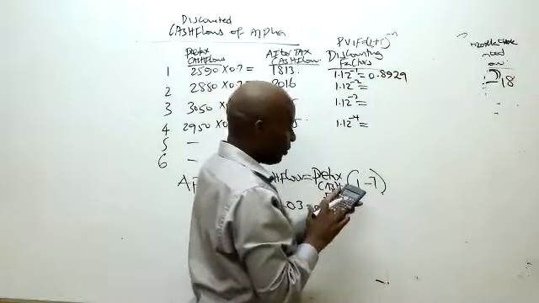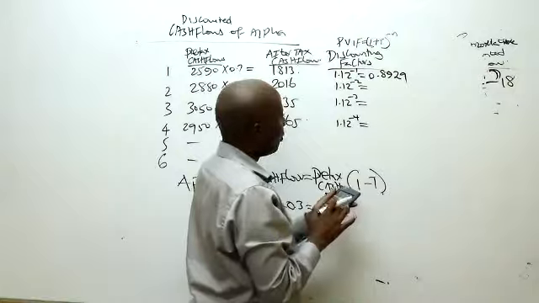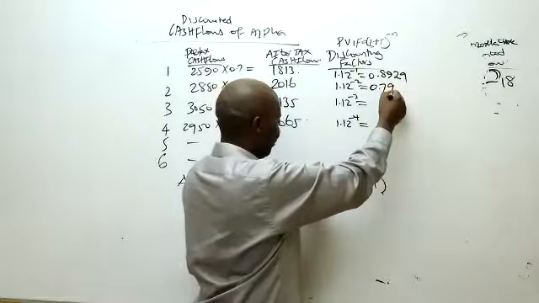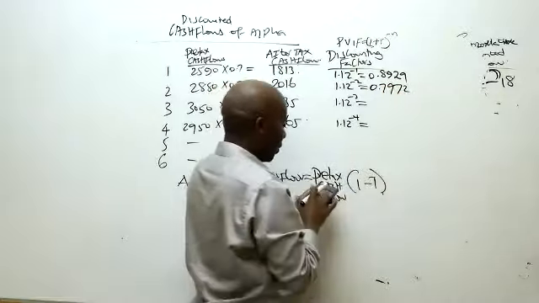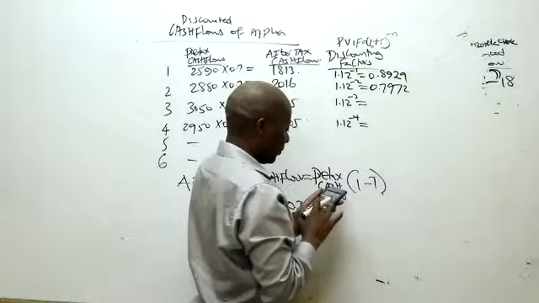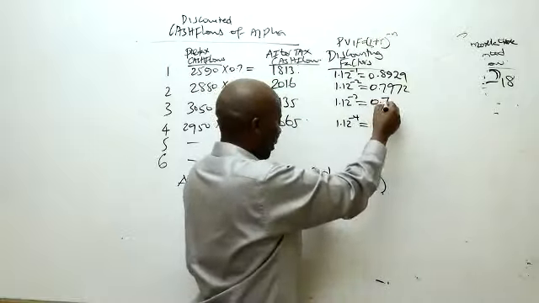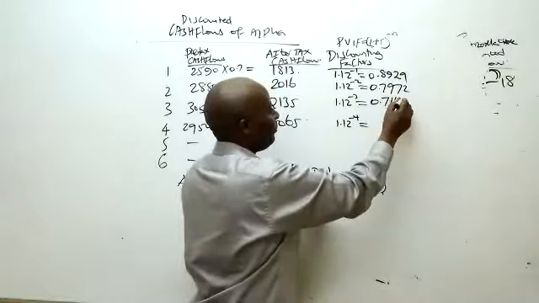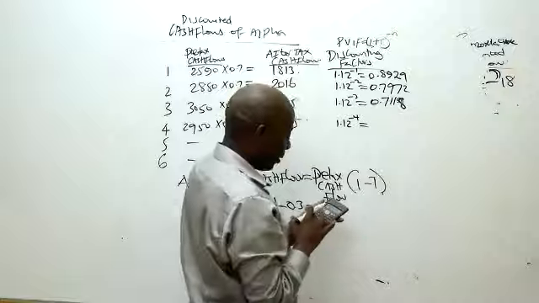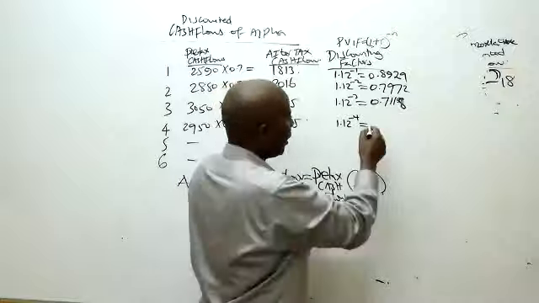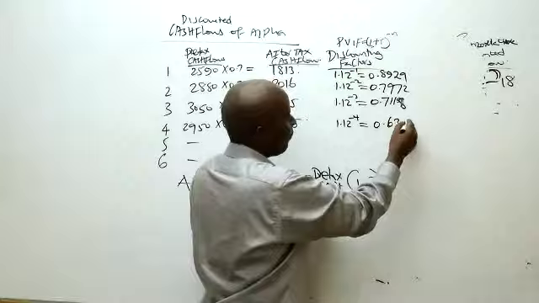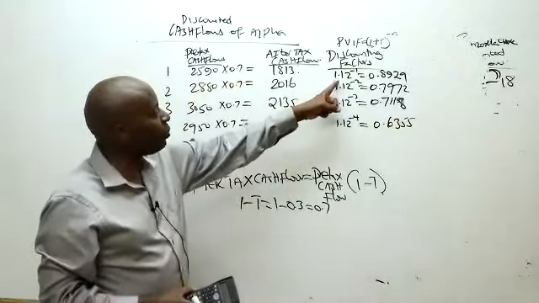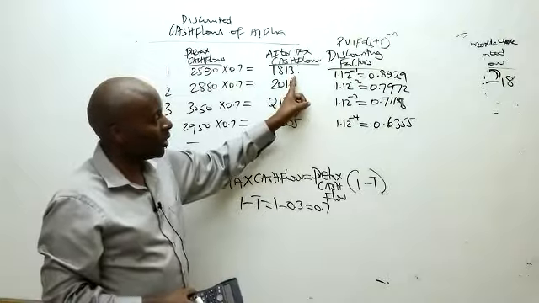Then 1.12 raised to negative 2 gives us 0.7972. Raised to 3 gives me 0.7119. And raised to power 4, we have 0.6355.